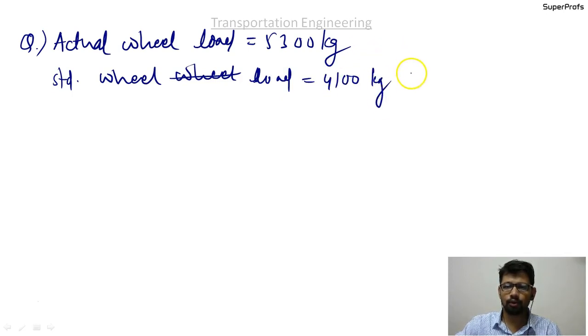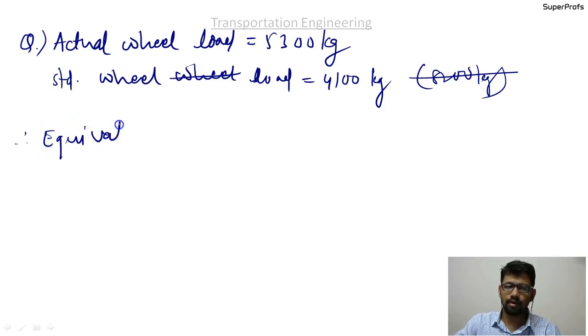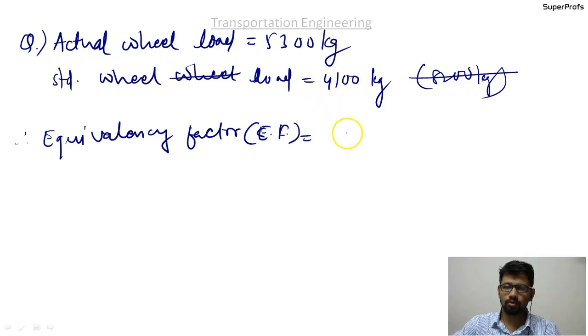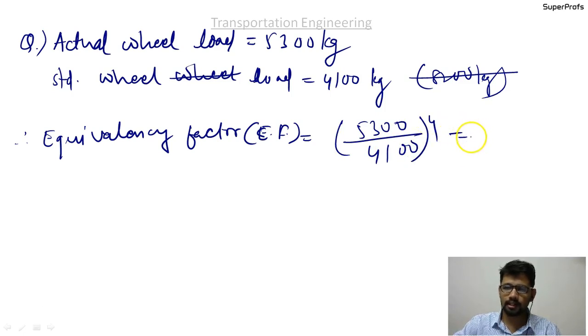If it was axle load then it was 8200 kg, but since it is a wheel load it is 4100 kg. So therefore the equivalency factor EF is equal to (5300 upon 4100) to the power 4, and the answer comes out to be 2.39.